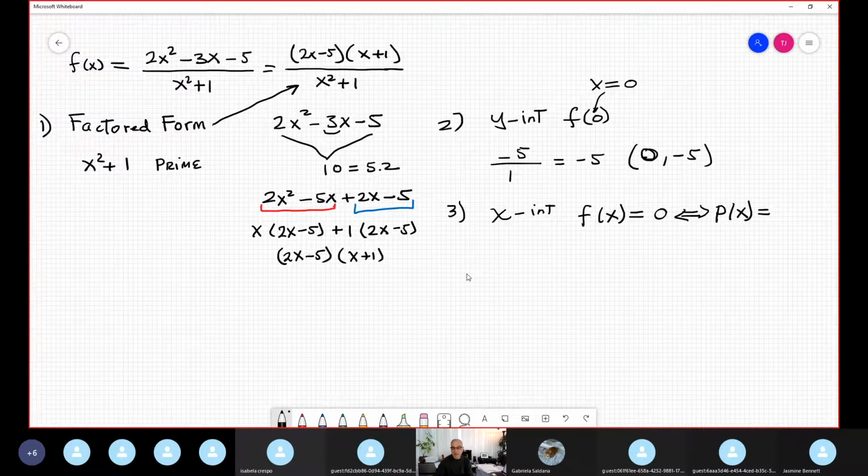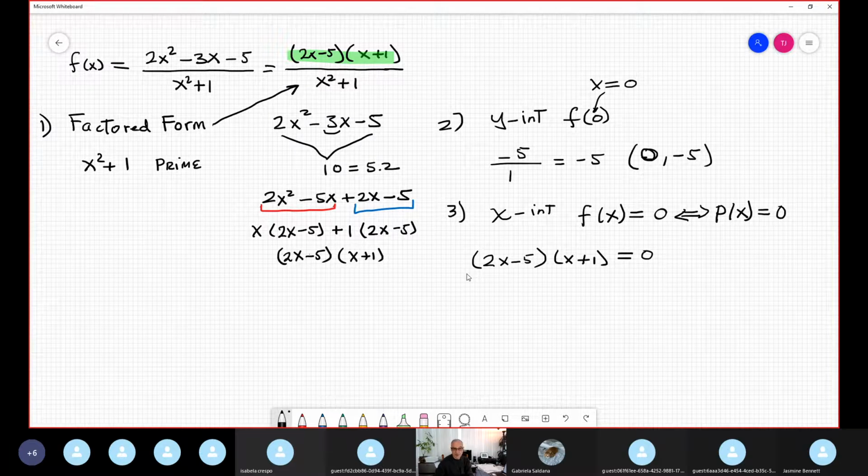And p, remember, is the notation we are using to denote the polynomial in the top. This guy. Okay? So it's super easy because you take 2x minus 5 times x plus 1 equal to 0.